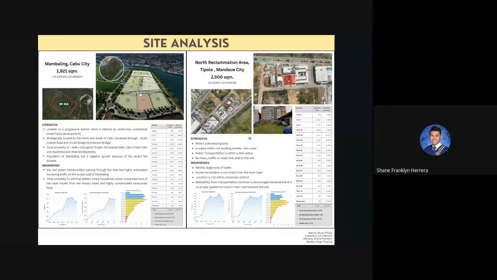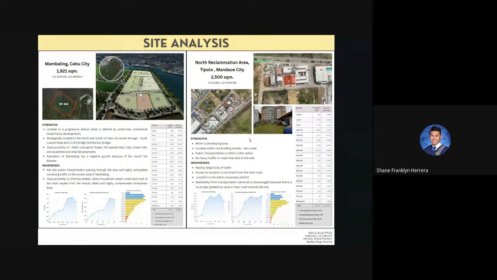The weaknesses are that the water near this site is contaminated, so there's a lot of pollution. It's also quite low in public transportation passing the site, which is going to be a problem.